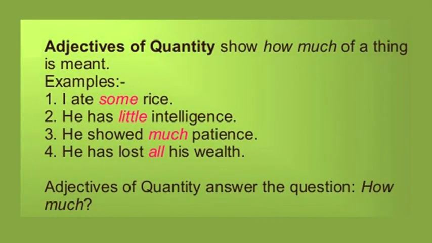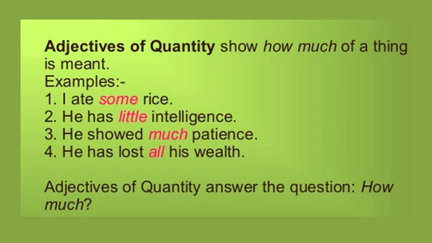Adjectives of quantity show how much of a thing is meant. Like, I ate some rice. So how much rice? Some. Rice is the noun, and the word some tells us how much of that noun. So it is an adjective of quantity. He has little intelligence.